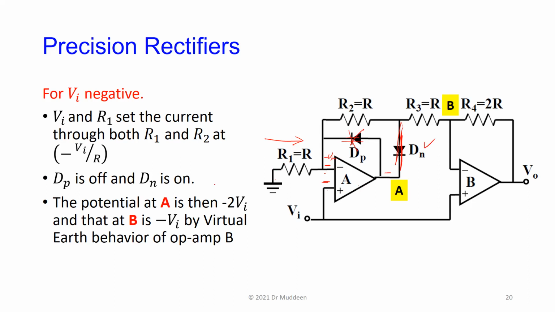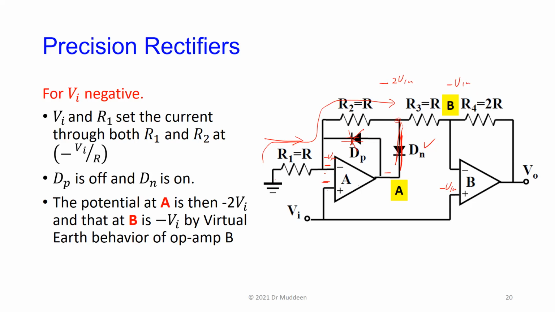So it means that point A, look what happens now. Point A is negative. The current flow of the op-amp will be in this direction, so that this point here is going to be minus 2V in. Here is at minus V in.